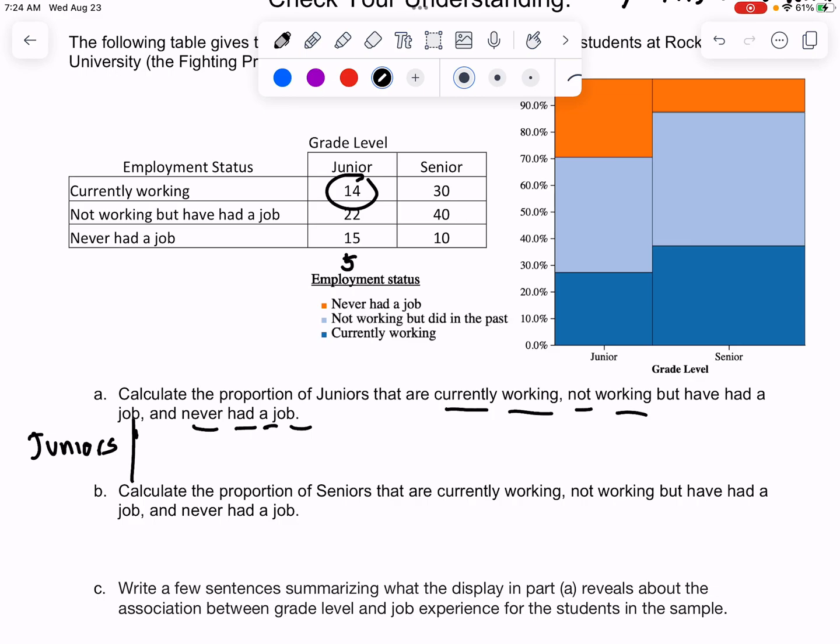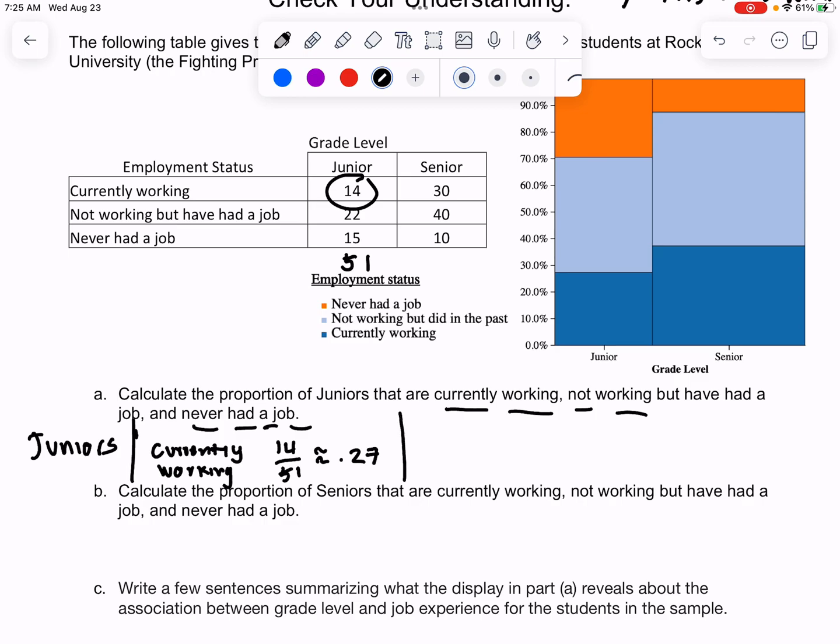So the proportion of juniors that are currently working is 14 over 51. Put that in your calculator and you would get 0.27, or 27%. If you wanted to make it a percent, you could multiply by 100. It's asking you the proportion, so usually they're going to want a decimal. If they wanted a percentage, they would ask what percentage of students. So proportion means decimal.